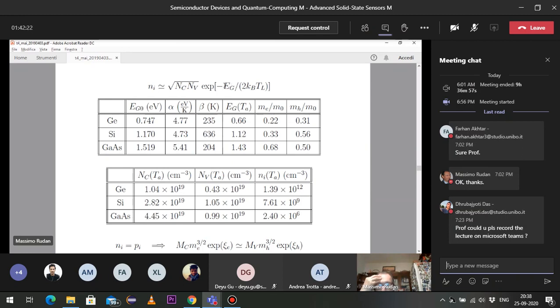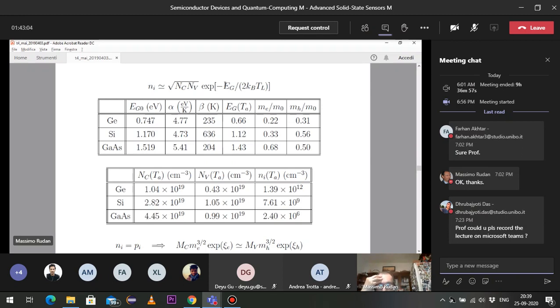The difference in gap does not look enormous if you look at the fourth column here in the first table, okay? However, the gap is divided by kT. kT at room temperature, you remember, is about 26 milli. So if you divide by a very small number, you have a very large ratio here, okay? So even small differences in the gap are amplified by the exponential, okay?